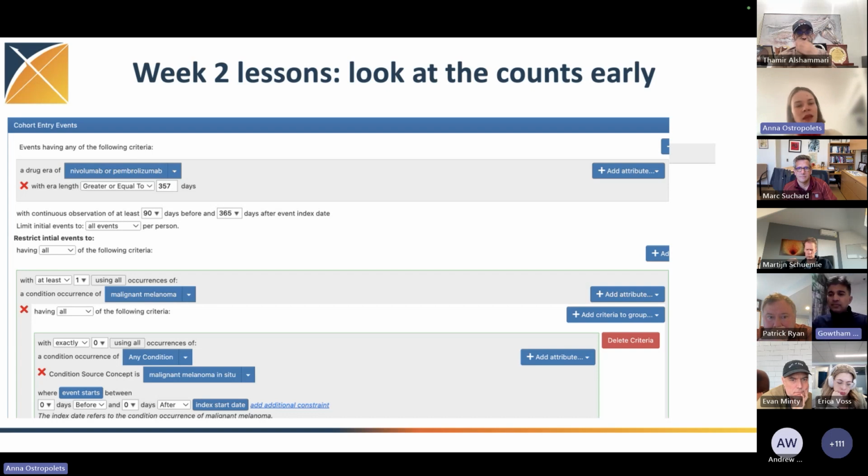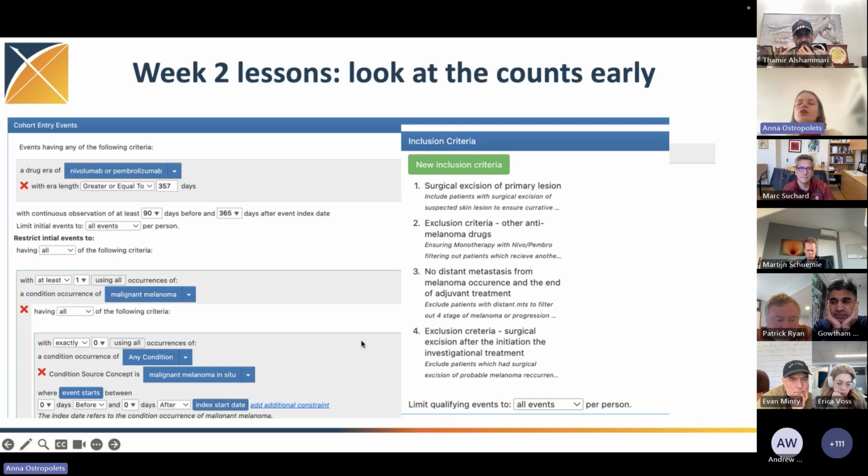In this example, this cohort focused on patients with biologic therapy who had malignant melanoma before. And then the cohort had multiple inclusion and exclusion criteria because the study team thought really, really hard about the patients that they want to get. So they spent a lot of time on perfecting those criteria, on making sure that they match their descriptions, match their study intent.